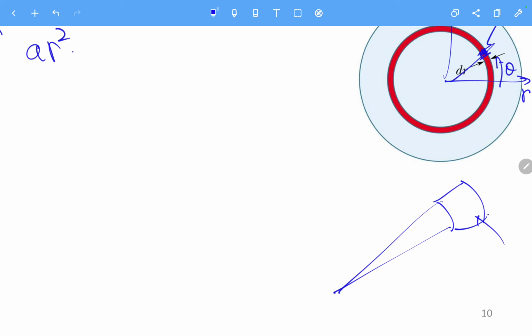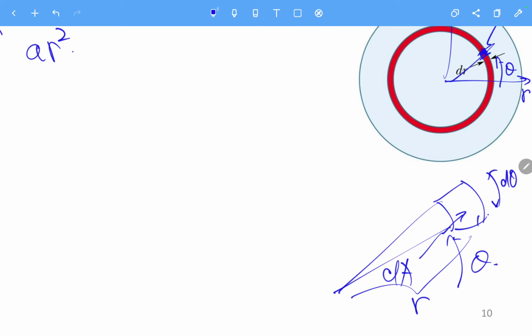Suppose this is dA, this is r, this is theta, and this angle is d theta, and this is dr. If dr and d theta are small enough, you can regard this one as a rectangle, although it is not.